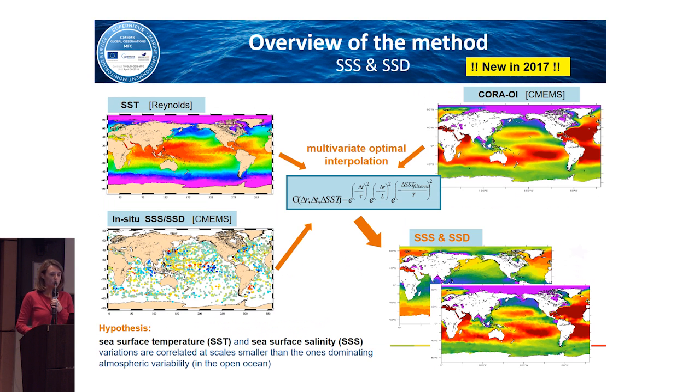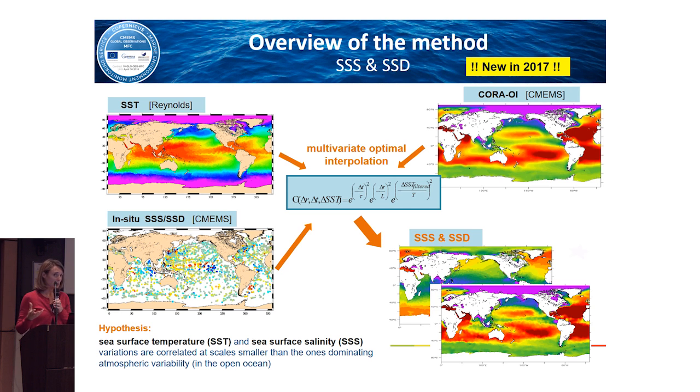A few words on the new product, specific product for the sea surface salinity and sea surface density, coming again only using observation and statistical methods. This product starts with the first guess from the Cora OI field that Tanguy has just described. We use a multivariate optimal interpolation method, and we introduce information from satellite sea surface temperature and in situ sea surface salinity and sea surface density field.